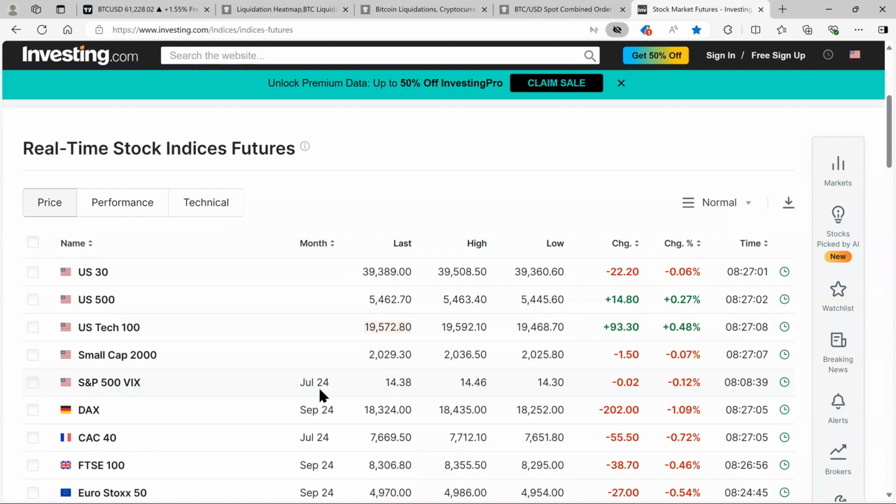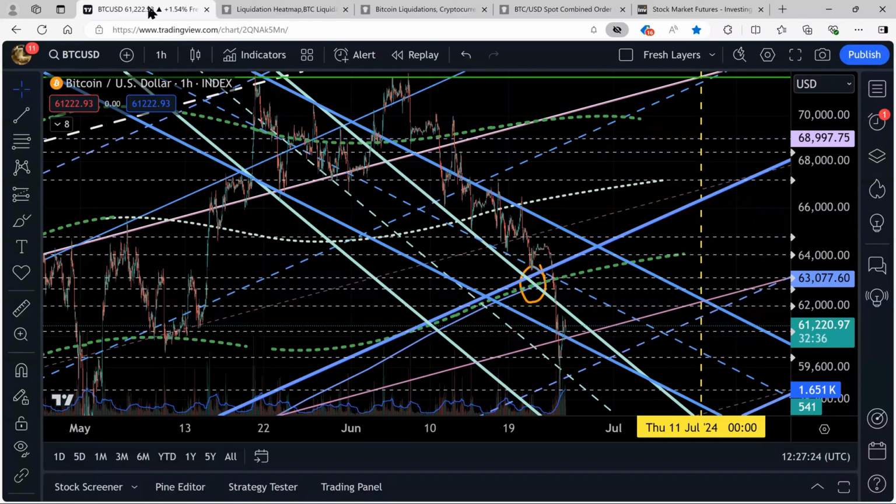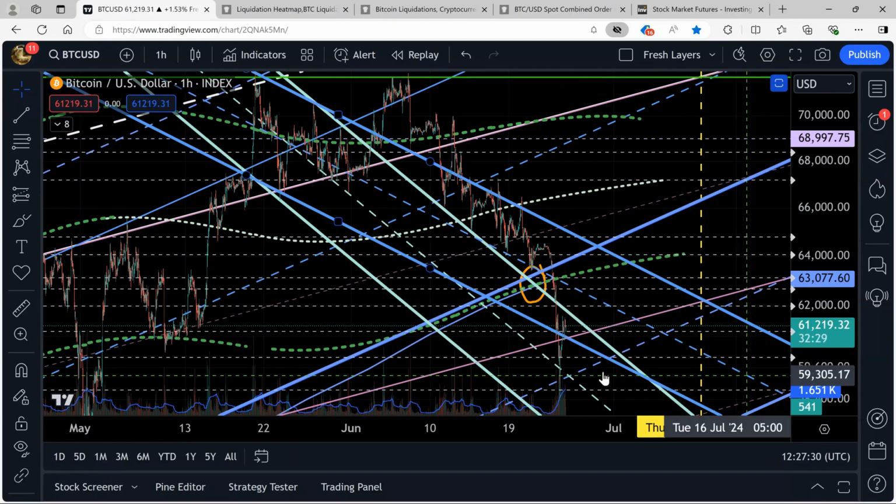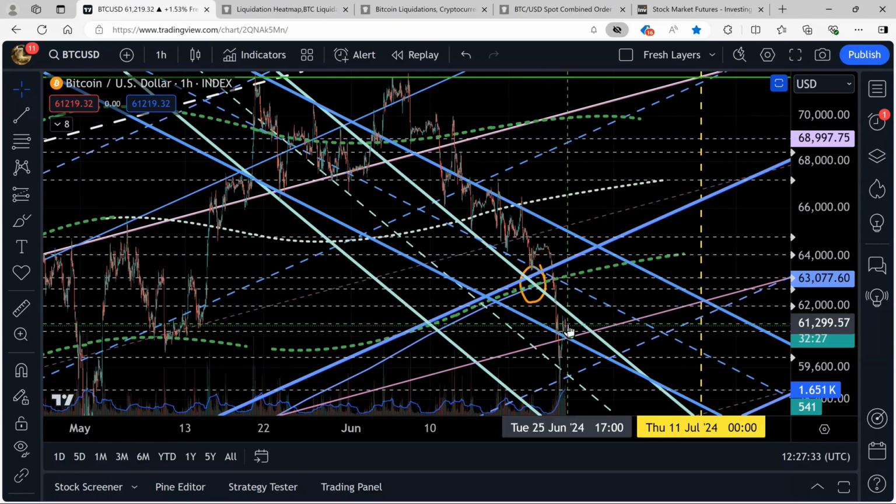All right, so I just wanted to see what stock market futures are looking like opening in the next hour. We got these guys in the green, that guy a little bit in the red. So that's looking good. So looking here at the chart on the hourly, where we're at right now, I do think today that we're getting back up.